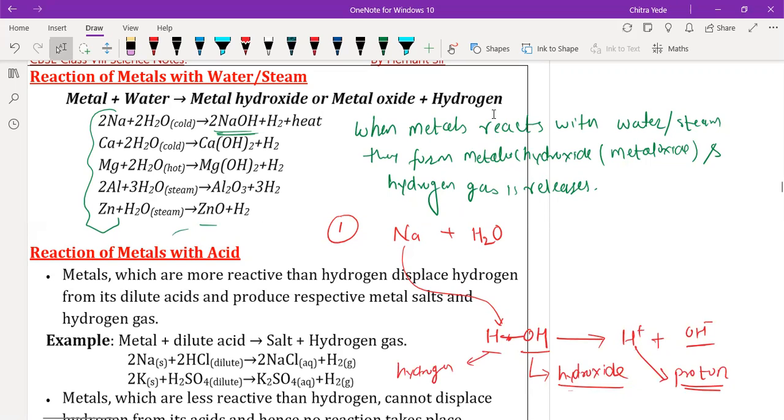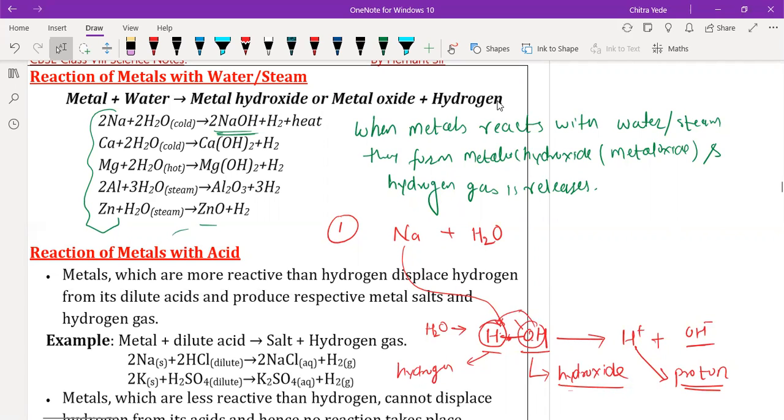See, the water molecule formula is H2O. So H2O contains H and OH group. Here we have 2 hydrogen and 1 oxygen. So H2 and O, we have just written H2 as H and OH bond.